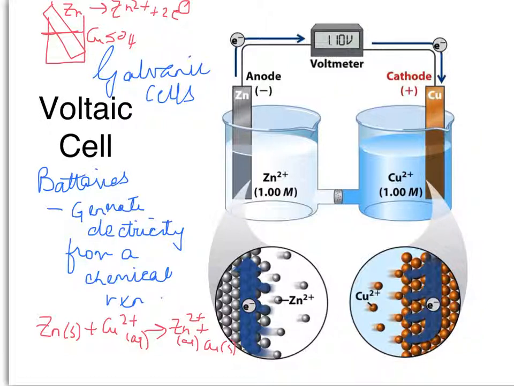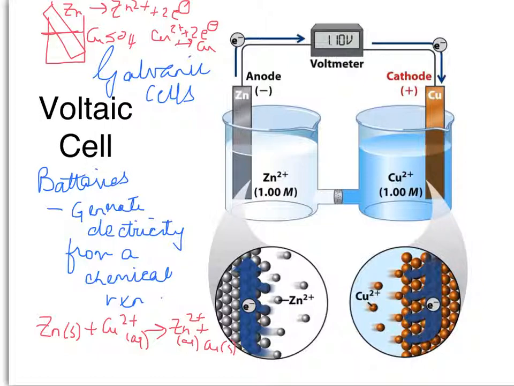That means Cu2+ is going to go through reduction. It's going to gain those 2 electrons and give you copper metal. And so electrons are transferred directly from the zinc to copper.